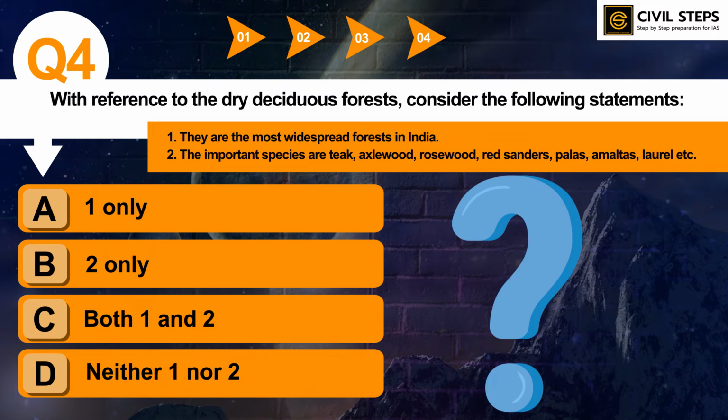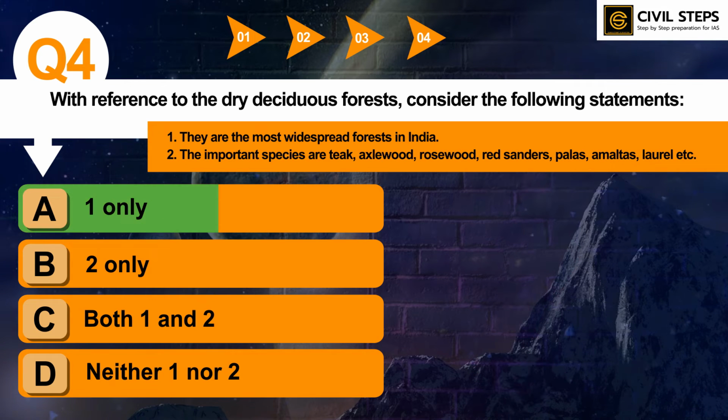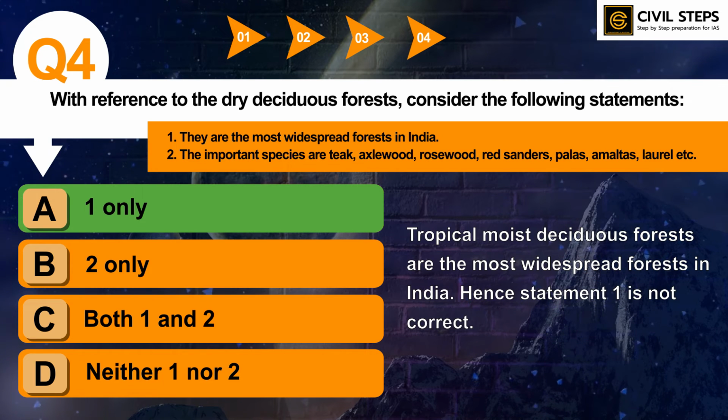So the correct answer, the not correct answer of this question is option A, one only. In the question, not correct is asked, so you have to carefully read the question as well. So the answer is option A, one only. Tropical moist deciduous forests are the most widespread forests in India.